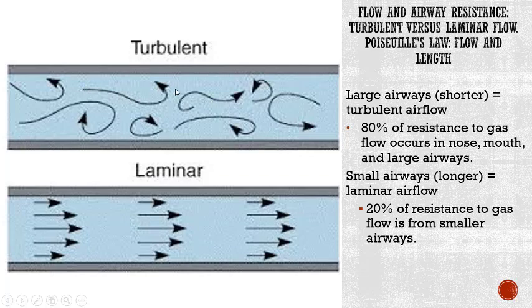One of the advantages of this very turbulent airflow, where you have high airway resistance, is that it forces the air to slam into the sides of your bronchi.